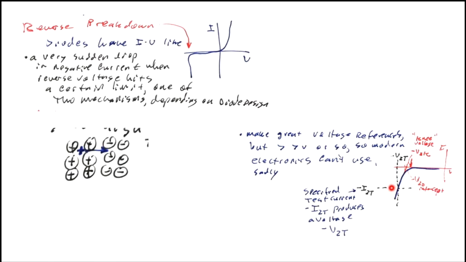Most usefully, we could pick some current and call that a test current or a reference current, and then we would know the voltage level that we get at that current. That would be useful if you were designing a reference. You could say at minus 5 milliamps, you get a voltage of minus 4.8 volts, and that would exactly determine this point on the operating curve.